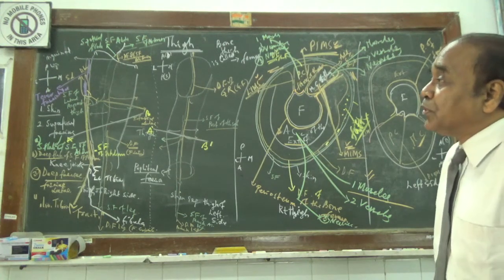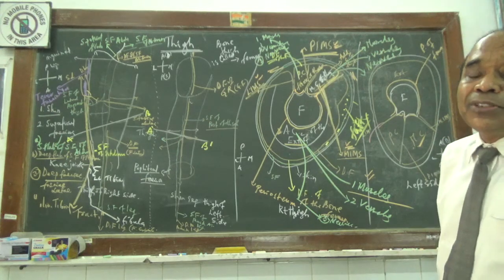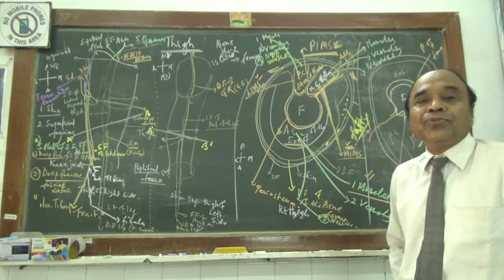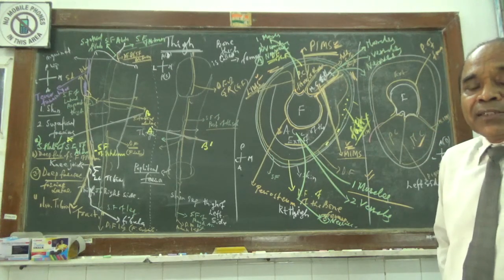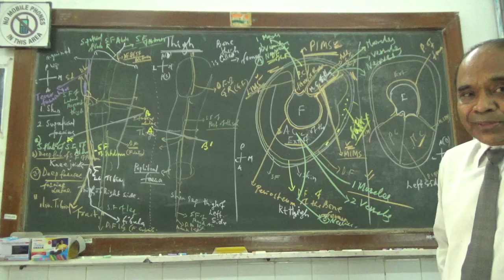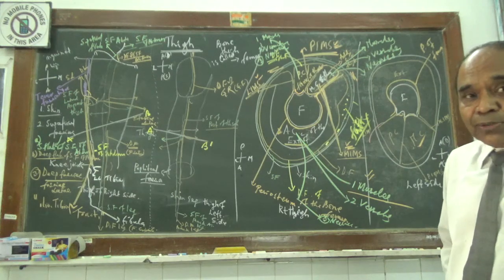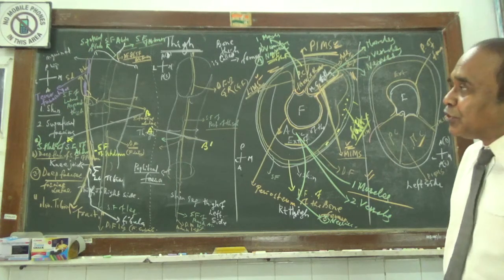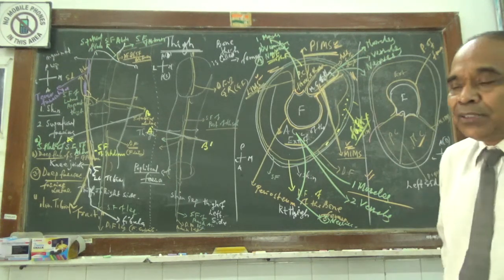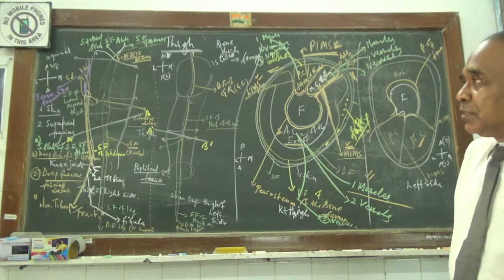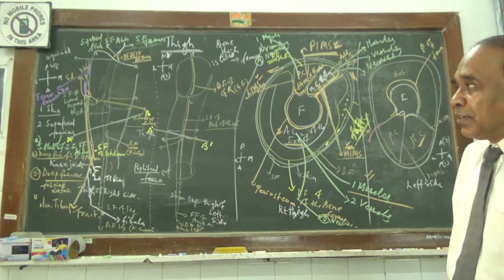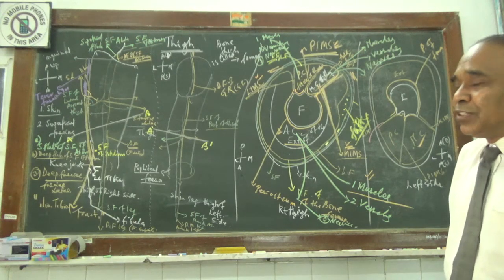Now what is the tensor fasciae? The tensor fasciae is almost all musculature attached to the anterior portion of the outer lip of the iliac crest, its anterior 1/3. From that it descends down, then becomes tendinous and gets attached to the iliotibial tract, which is the lateral extension and splitting of the deep fascia of the thigh.